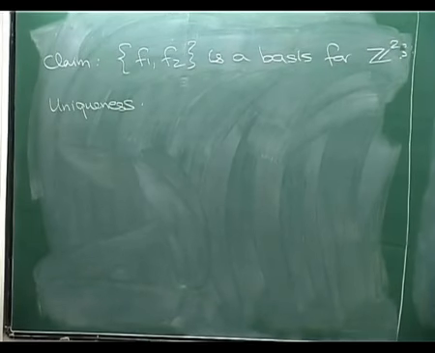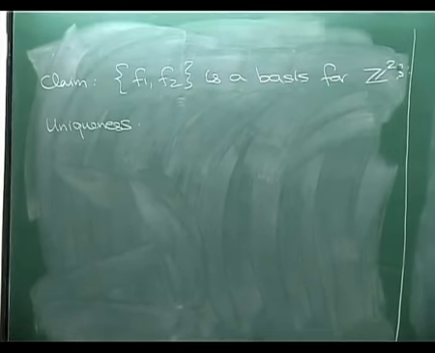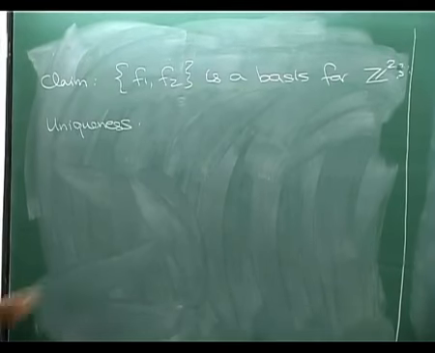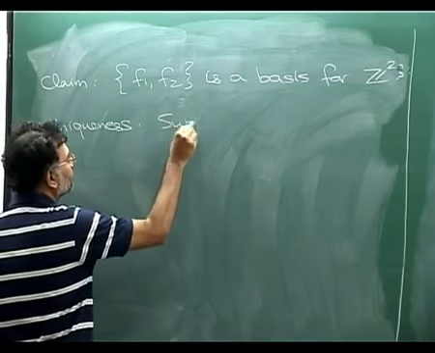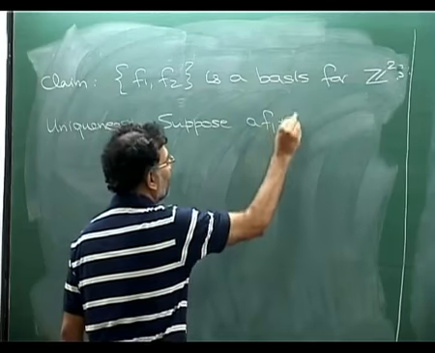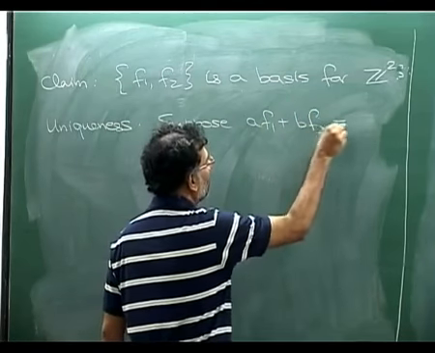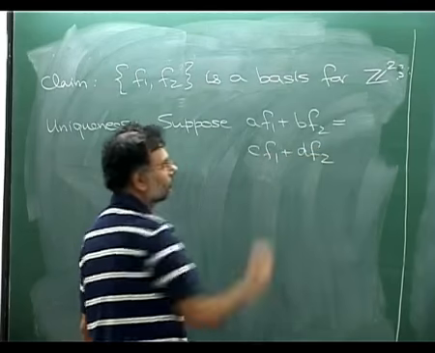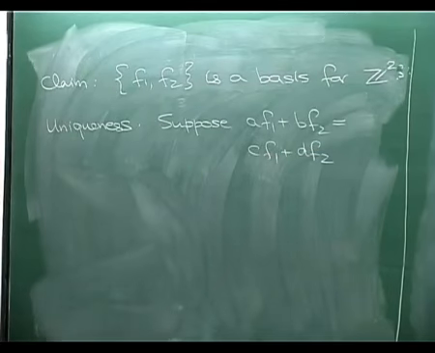Suppose I take some element of Z2 which has two different expressions in terms of F1 and F2. So suppose A F1 plus B F2 is also equal to C F1 plus D F2. I would like to conclude that A and C are equal and B and D are equal.